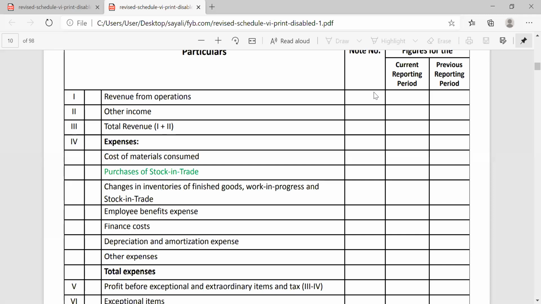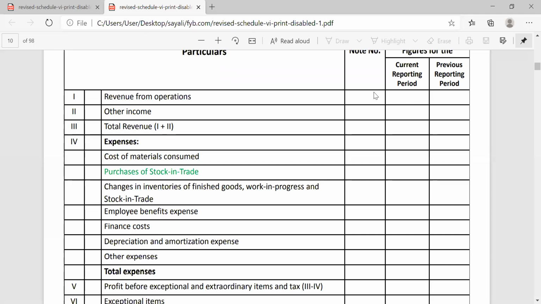Then finance cost: whatever interest is paid on the debentures or any other loans is recorded under the head of finance cost. Audit fees are also one of the major changes here. Audit fees are recorded under the head of finance cost.